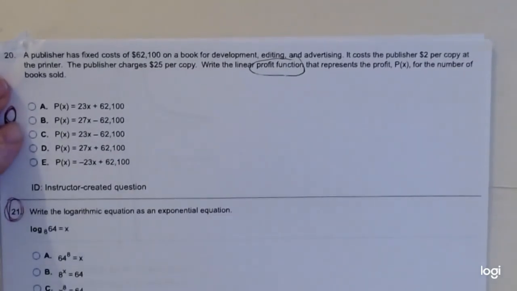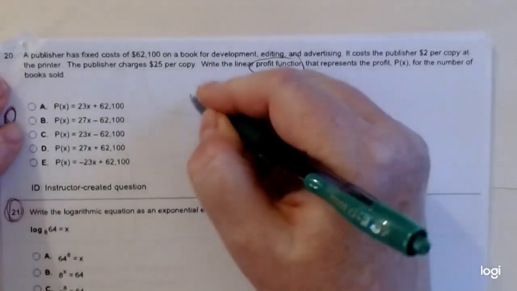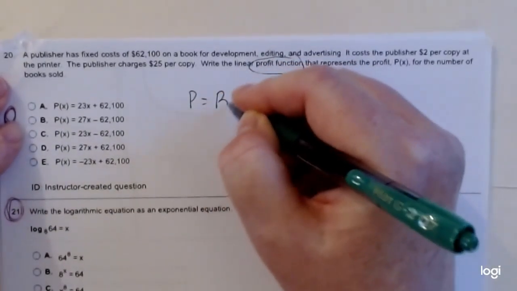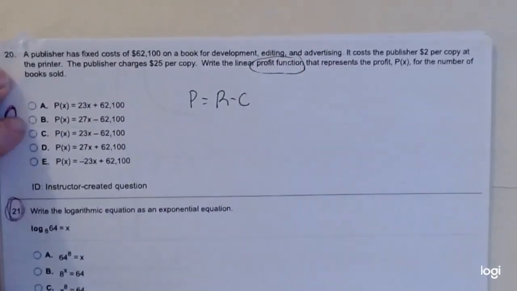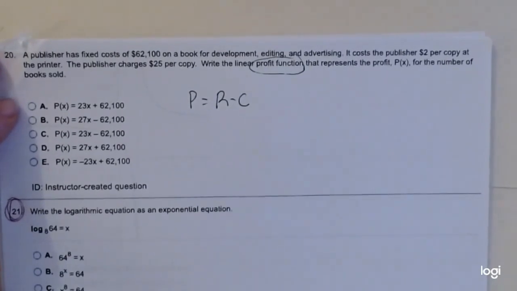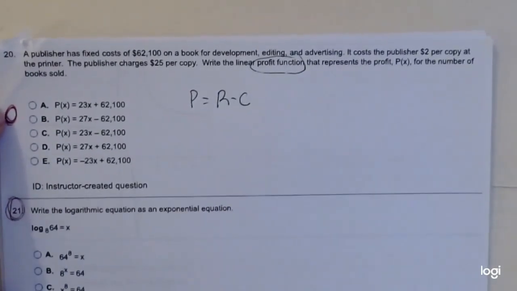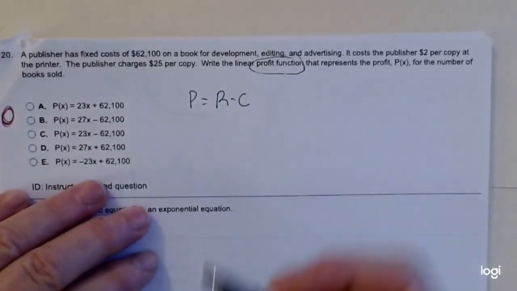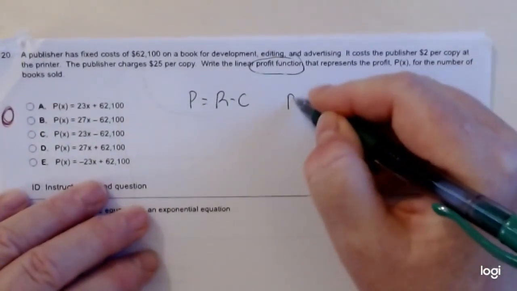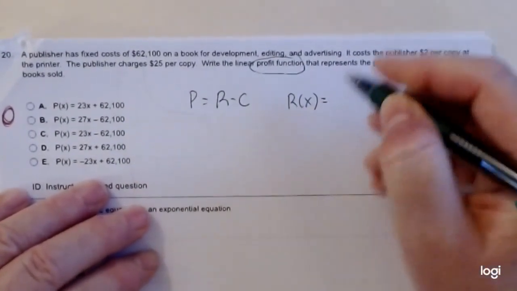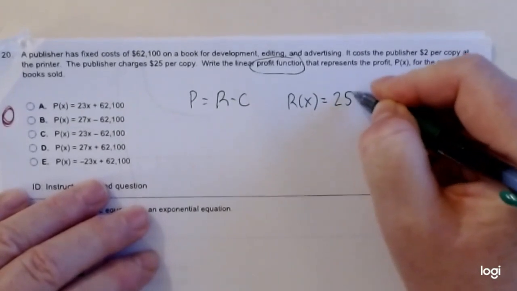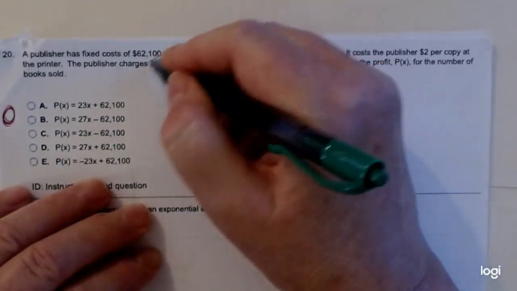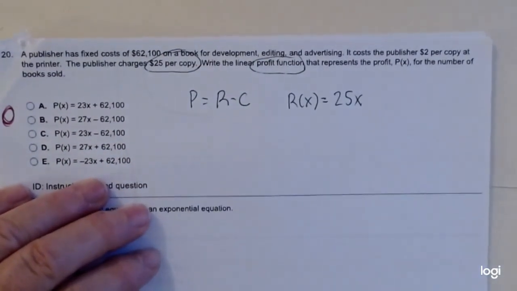So remember, the profit is the revenue minus the cost. It's what you take in minus what you spent to produce your product. So we have revenue is 25x. It's going to make $25 per copy on each book.